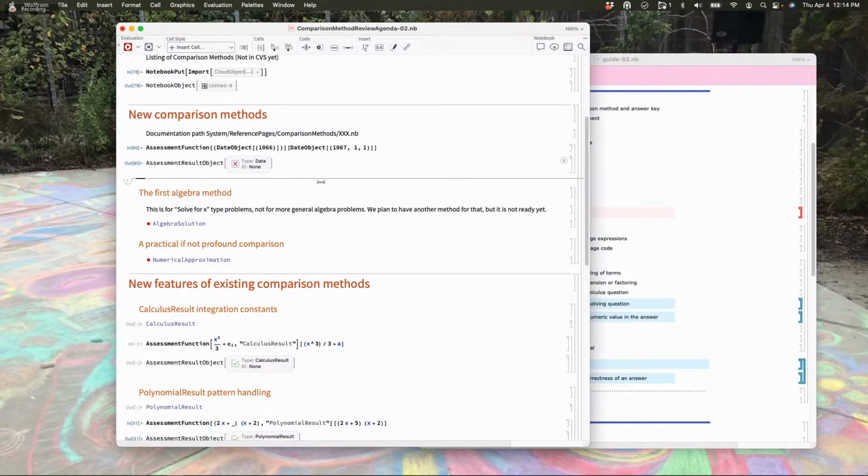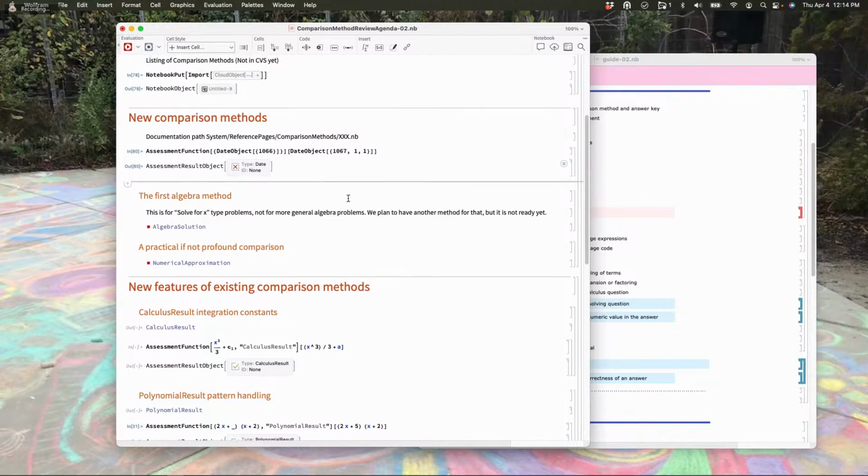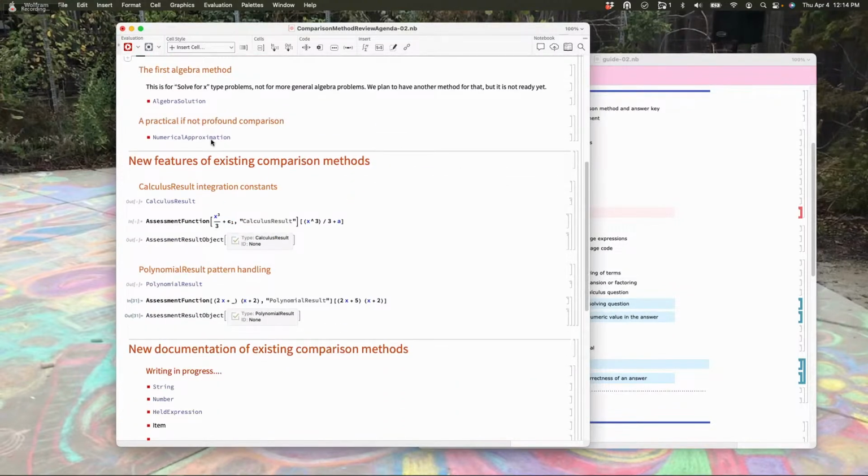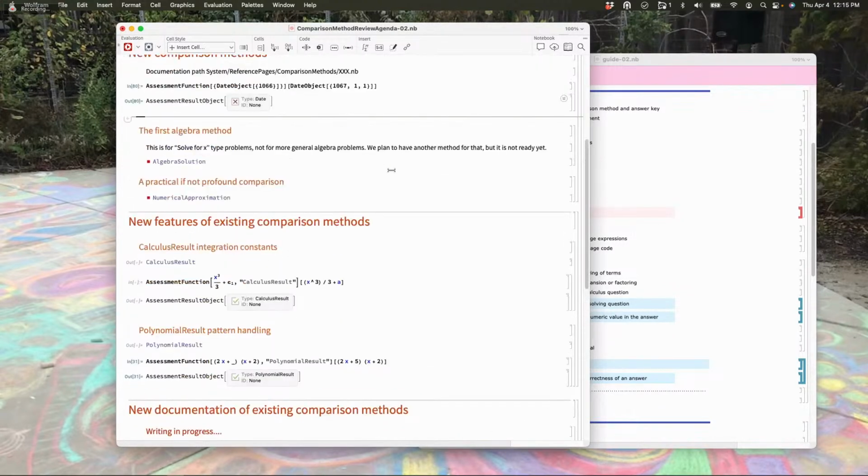They have this special granularity issue that comes up all the time. With numbers, there's a numeric tolerance, and I don't know what a default tolerance should be here. I don't know what the correct behavior is, and I'm not sure we have anybody here who can opine on that. One of the comparison methods we have later is what we're calling numerical approximation.